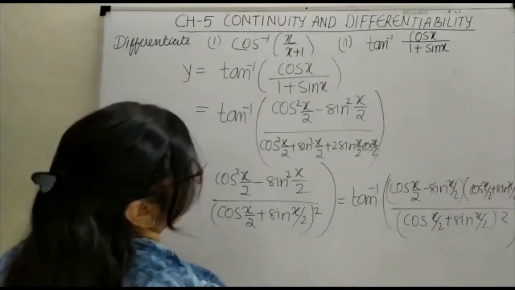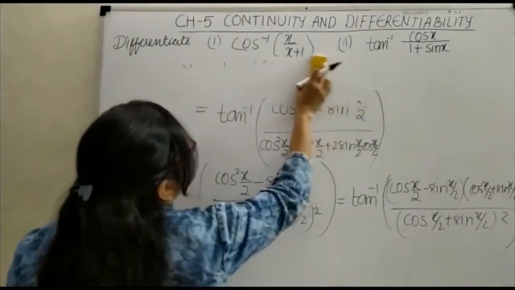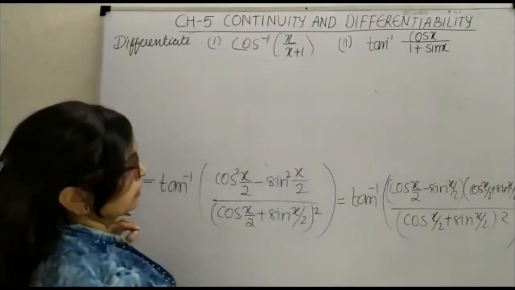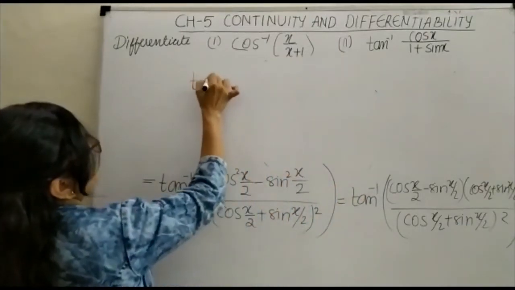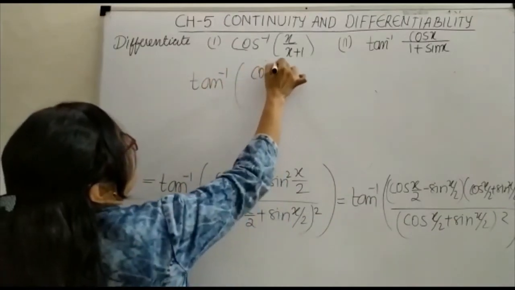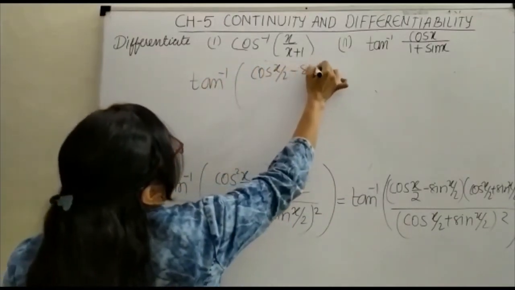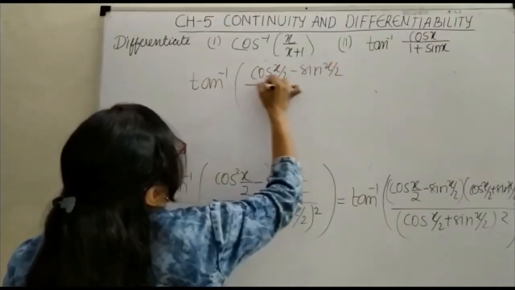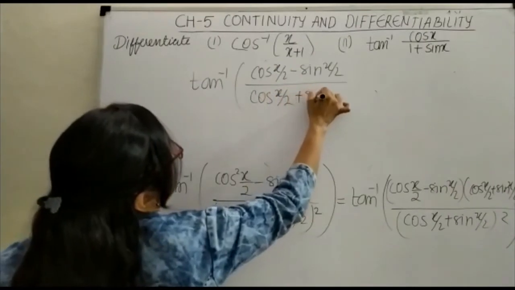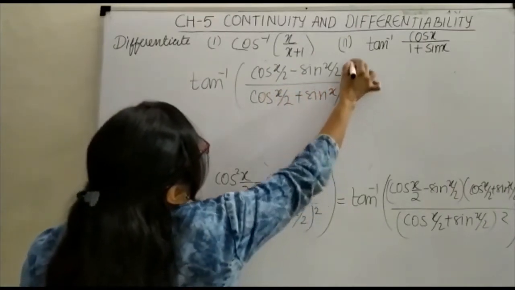Now we are here with tan inverse cos x upon 2 minus sin x upon 2 upon cos x upon 2 plus sin x upon 2.